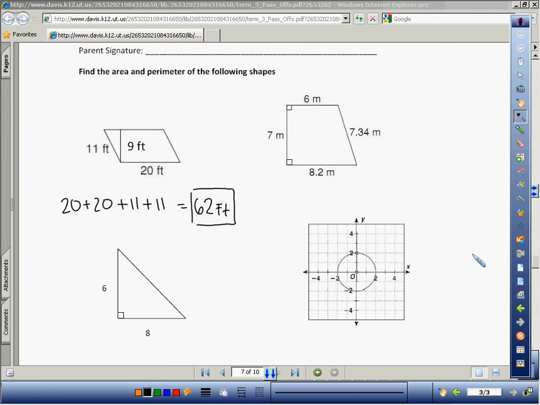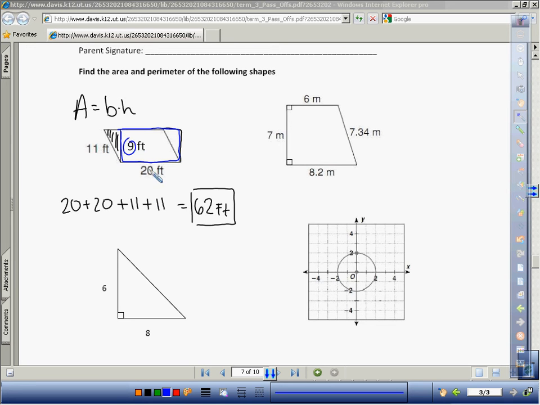Now the question is, what do we need to do for area? An area of a parallelogram and a rectangle are the same. It's base times height. And the reason why is I can take this triangle right here and cut it off and tape it right here, and it makes me a good looking rectangle.